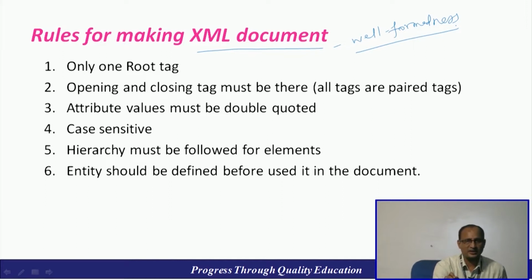It is whether we have followed the 6 rules which I have given here to make an XML document. The document should be a properly structured document. It provides a tree structure. So, the entire information can be transformed in the form of tree structured text information.